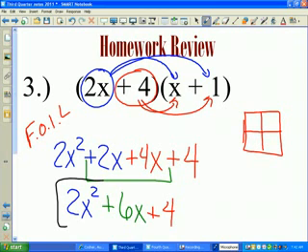And this is my answer: 2x squared plus 6x plus 4 is the answer that I get after I finish multiplying. So that's doing it by using FOIL.